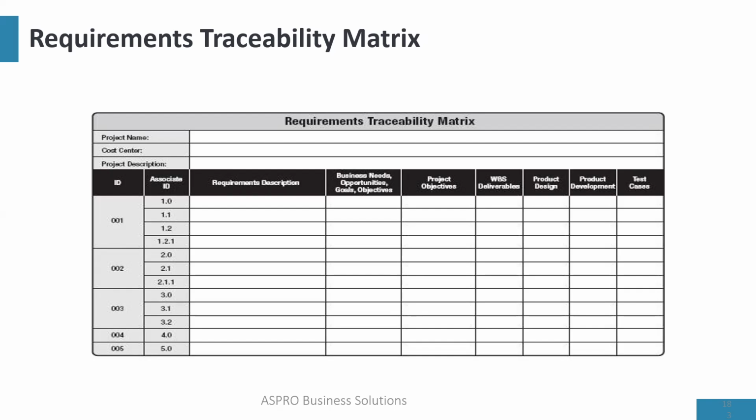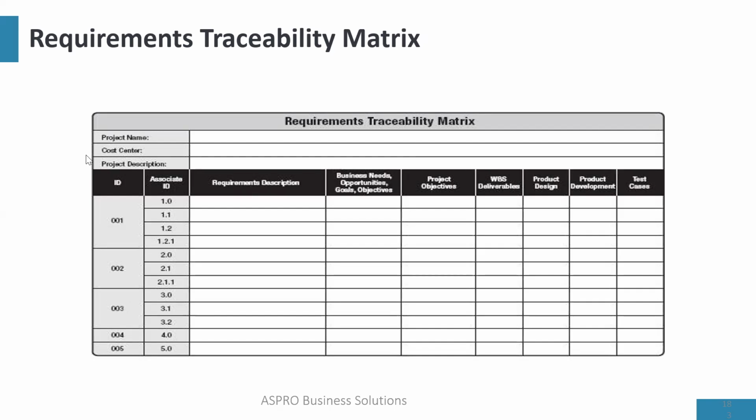The requirements are the details of your project. Without the requirements, your project can fail. That's why we have a separate plan just to be able to capture requirements properly.